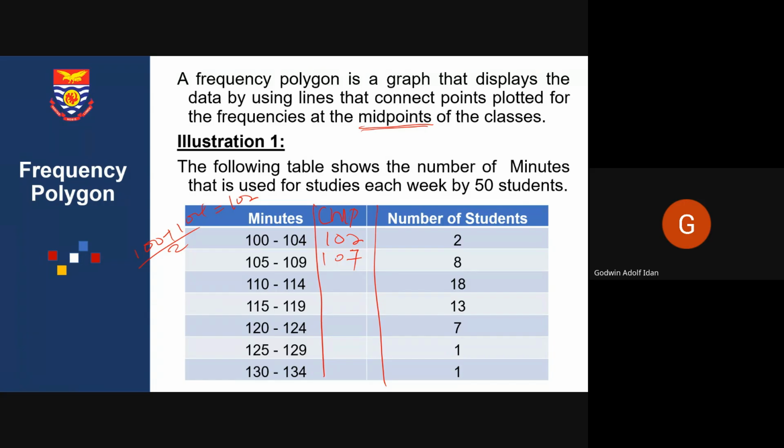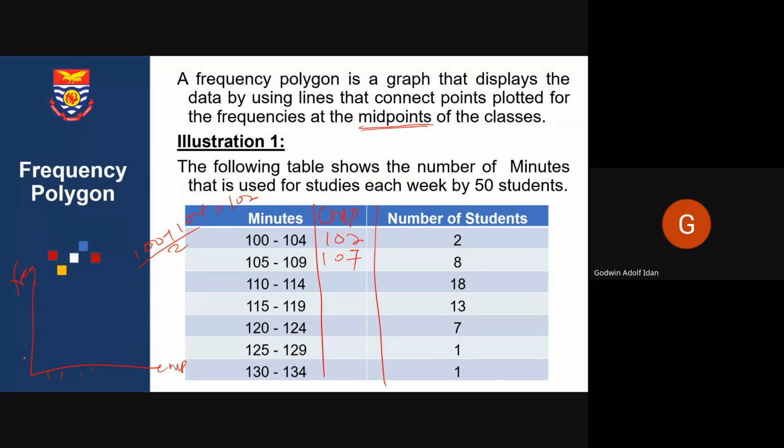Once we get the class midpoint, our plotting is going to be the class midpoint on our horizontal axis, and then we have our frequency on our vertical axis. Then we draw our scale appropriately. Once we have the scale, we plot the coordinates.